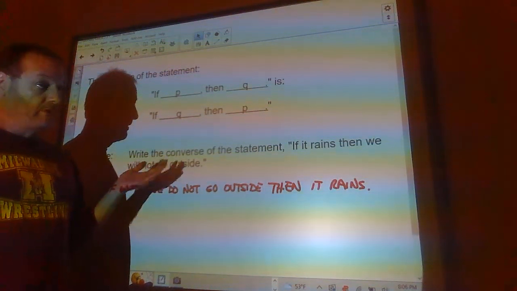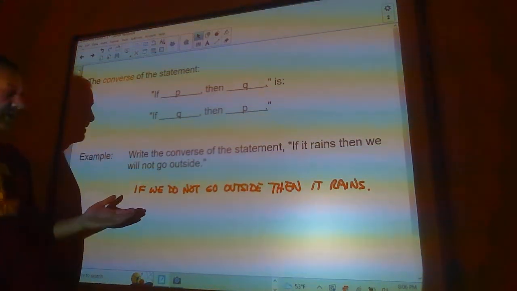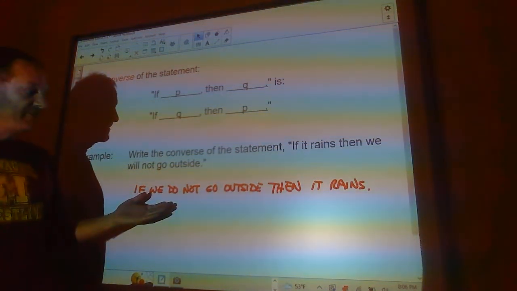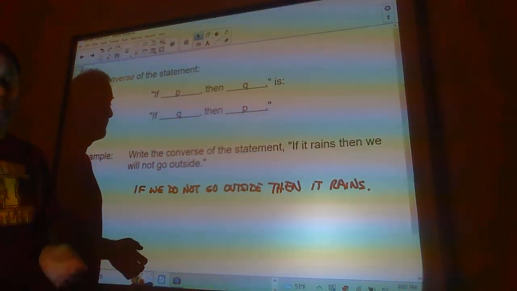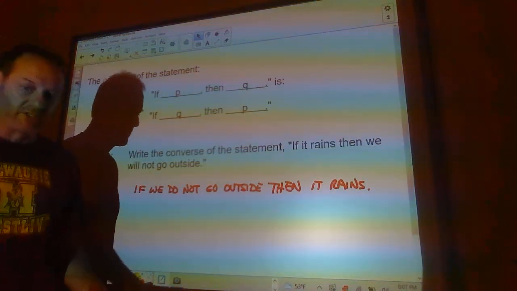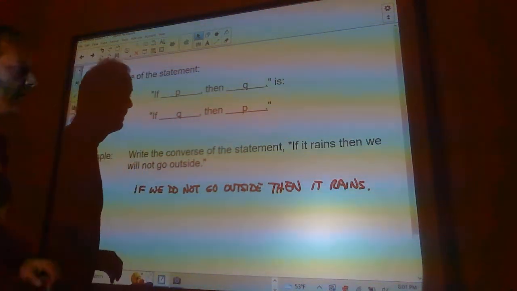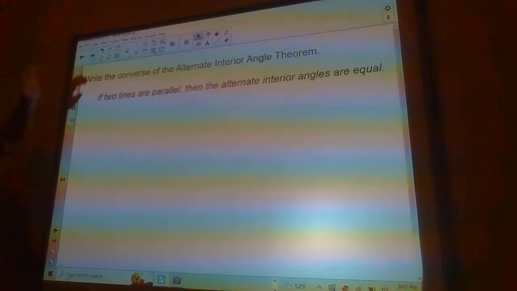So, if it's raining outside, we don't go outside. That's true. Now, that doesn't mean that if we don't go outside, it's raining. Okay, it could be, maybe there's another reason why we couldn't go outside. Maybe we didn't have time to go outside that day or whatever. Okay, so you got to be really careful of that.